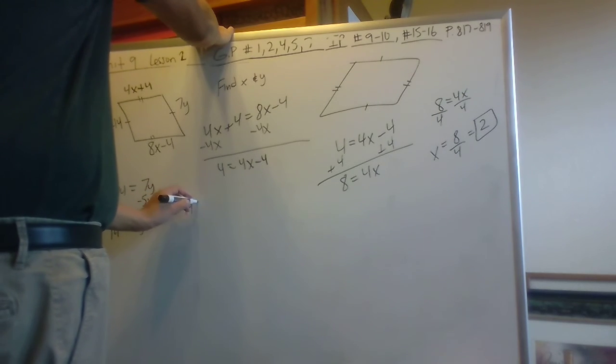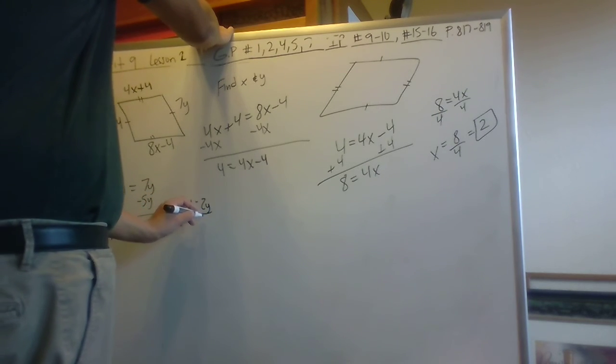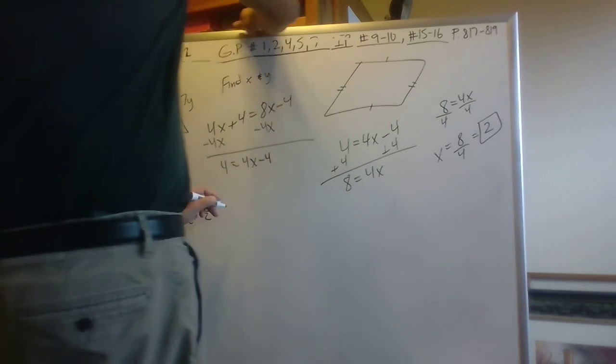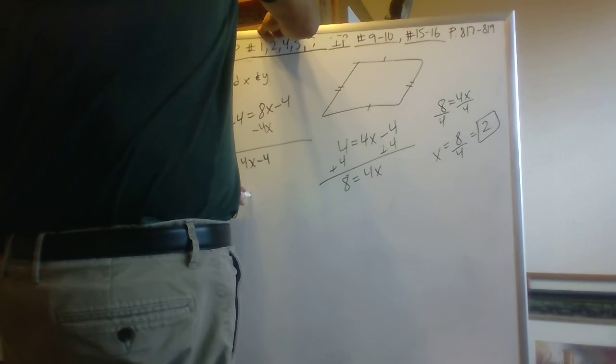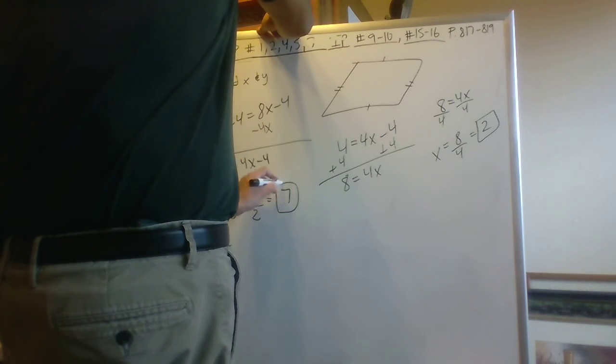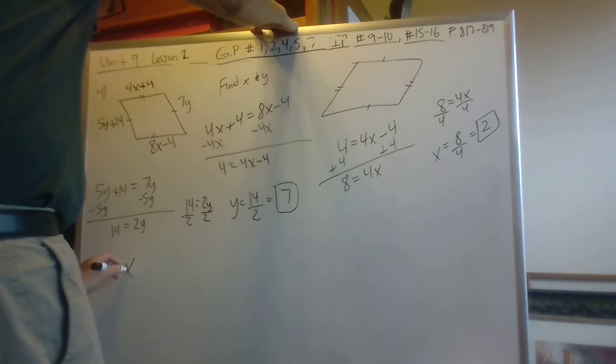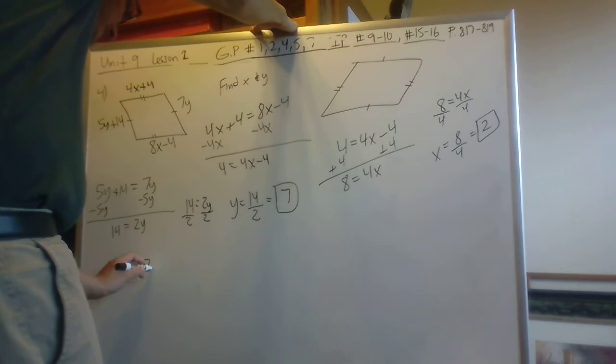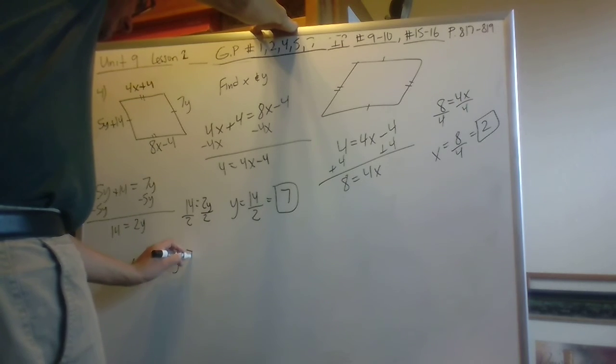We're going to divide both sides by 2, so y equals 14 divided by 2, which equals 7. So we just solved for x and y. X equals 2 and y equals 7.